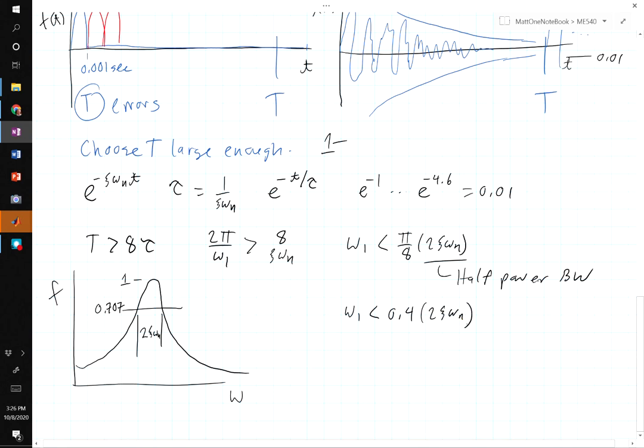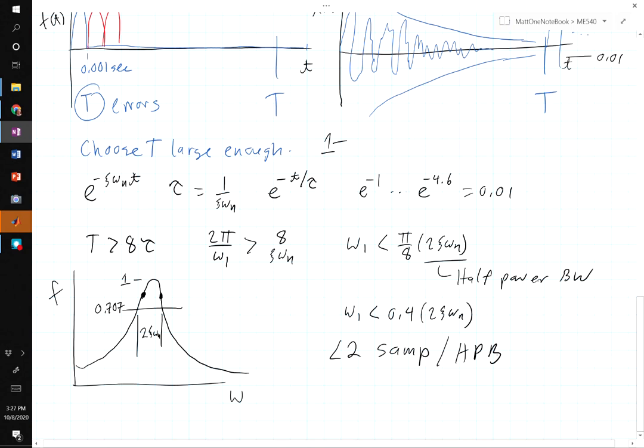Or in other words, if our first sample, say, happens right here, partway into the peak, we're guaranteed that we'll get at least one other sample in the half-power bandwidth. So we'll have more than 2 samples per half-power bandwidth.